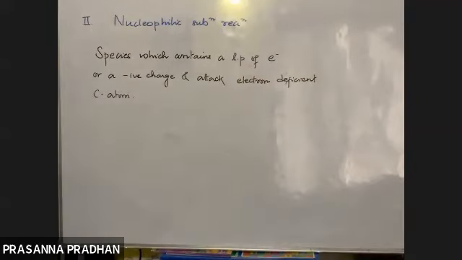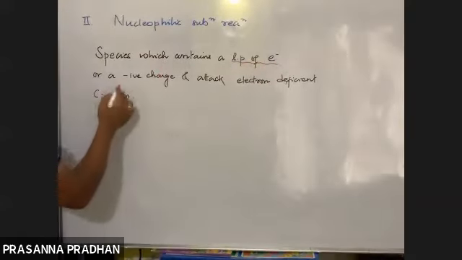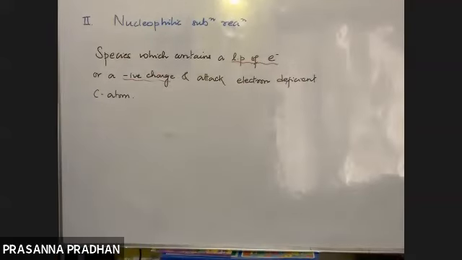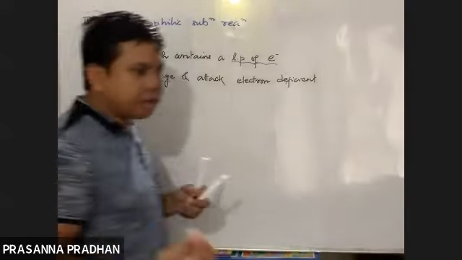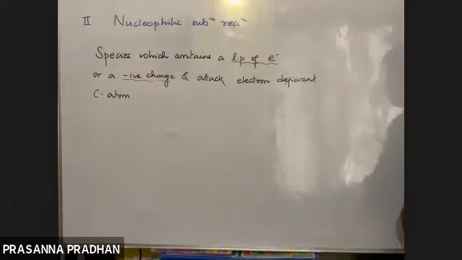So these are termed as nucleophiles. They either contain a lone pair of electrons or a negative charge, and they attack a positively charged, electron deficient carbon atom.